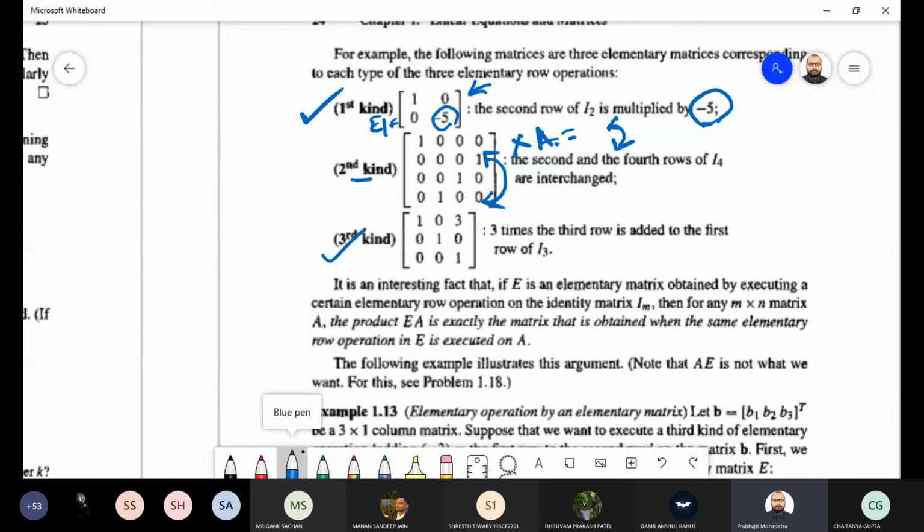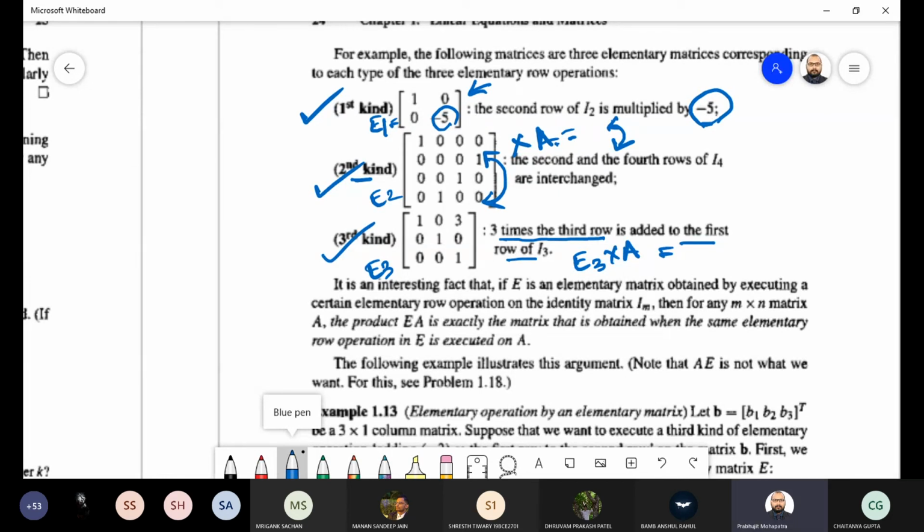And the third operation, what are you doing? You are multiplying 3 with the third row and adding to the first row. So this is E2 and this is E3. So if we are multiplying E3 with any matrix, what is going to change in matrix A?